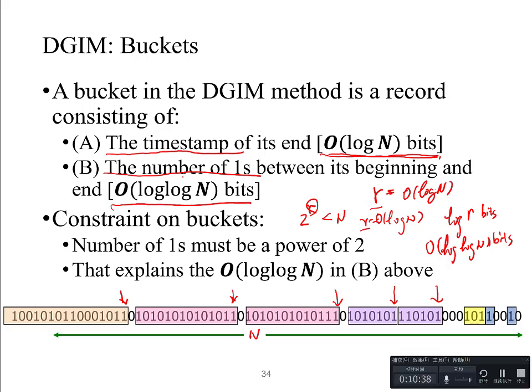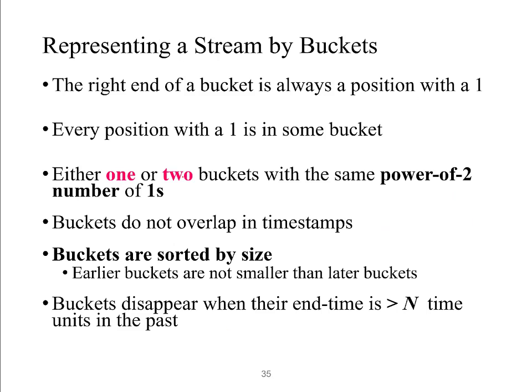It is like a compression, right? You use fewer bits to represent a bucket, then you can save the space and answer questions like how many ones in a window size of n with a larger n.